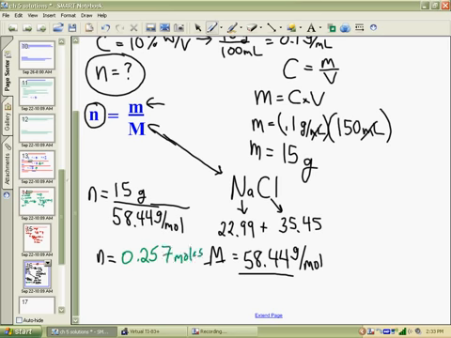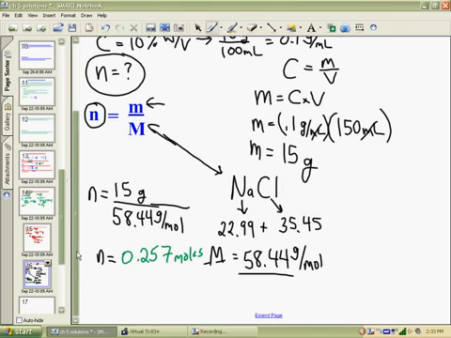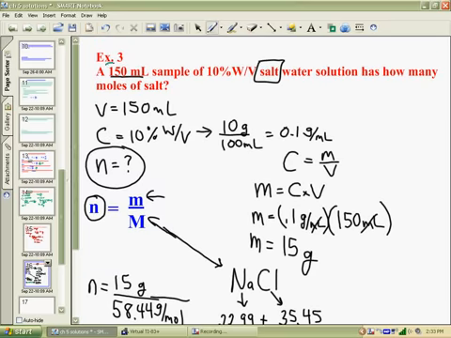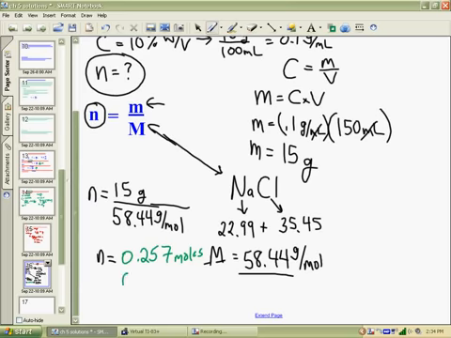There's just over a quarter of a mole of salt, 0.257 moles. Looking at significant digits, I see 2 digits that matter here, but only 1 there. So really, if you were to round this off to 1 significant digit, you'd round it all the way off to 0.3 moles. But the method is really what's crucial there. Hopefully that helps you with your assignment or with any problems that you're having.